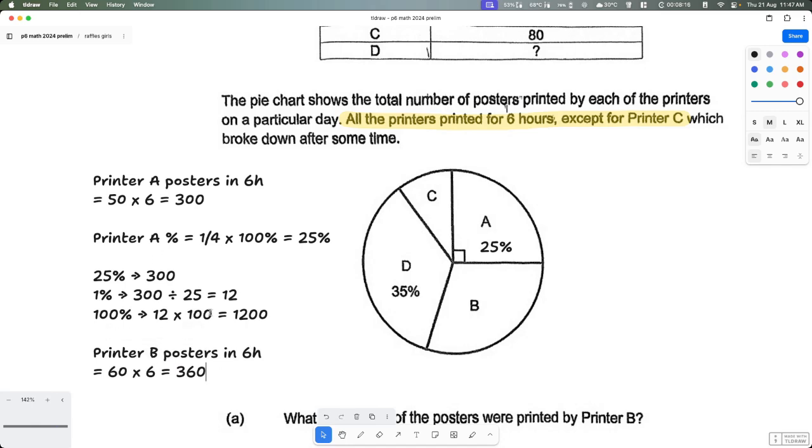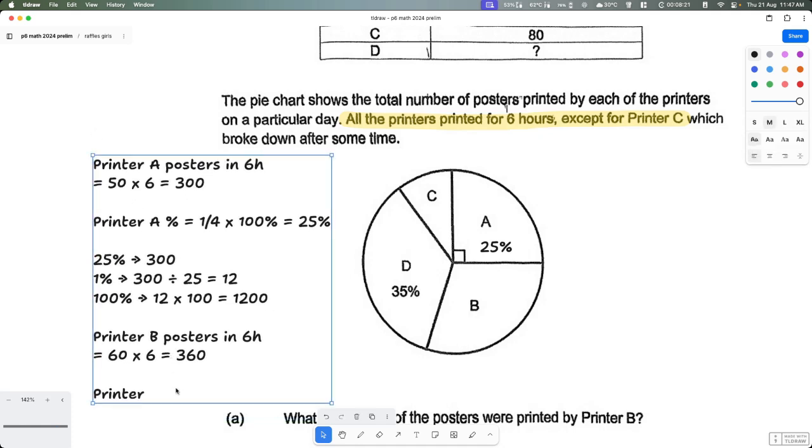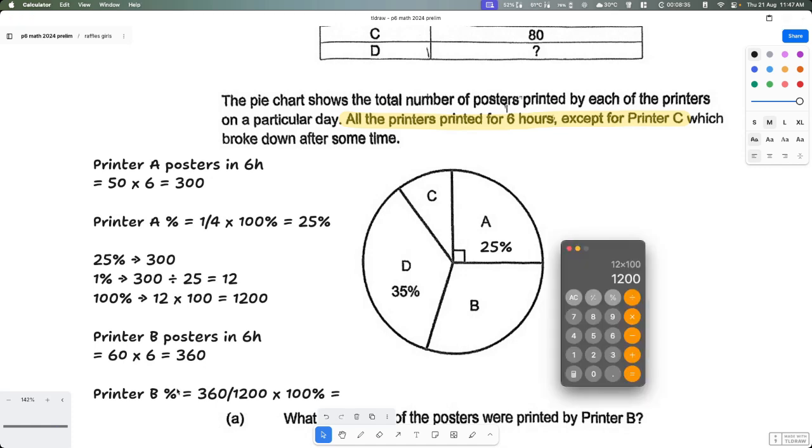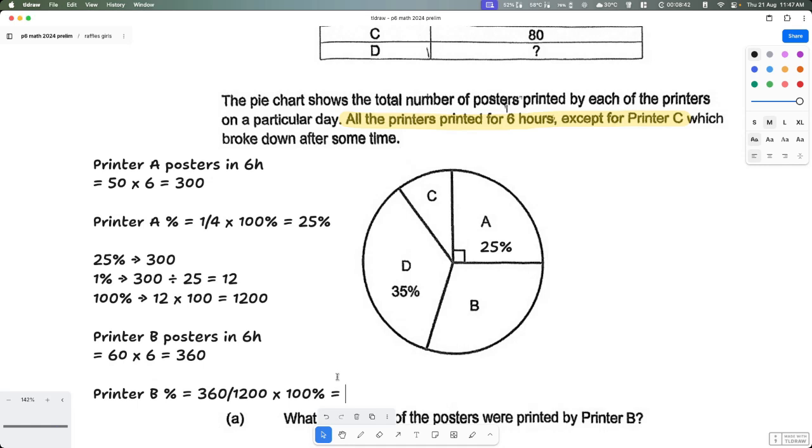So printer B's percentage is equal to 360 out of 1200 times 100%. Let's use the calculator: 360 divided by 1200 and then times 100 gives us 30%. So B is 30%. There you go. All right, so that's it for part A.